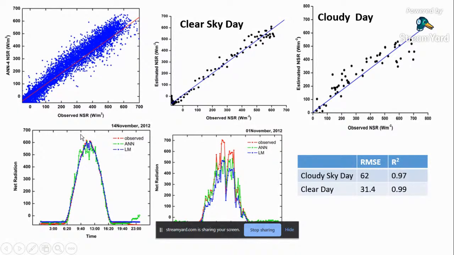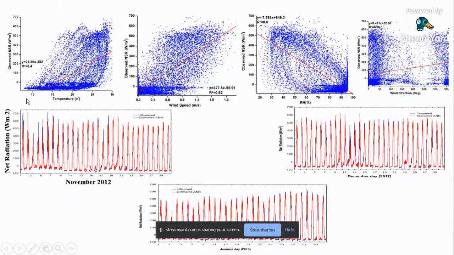Four different ANN models were used to estimate, and we analyzed which gives the best. The input parameters I have taken are temperature, wind speed, relative humidity, and wind direction. ANN can train the model with no need for dependent parameters; it can be independent parameters.